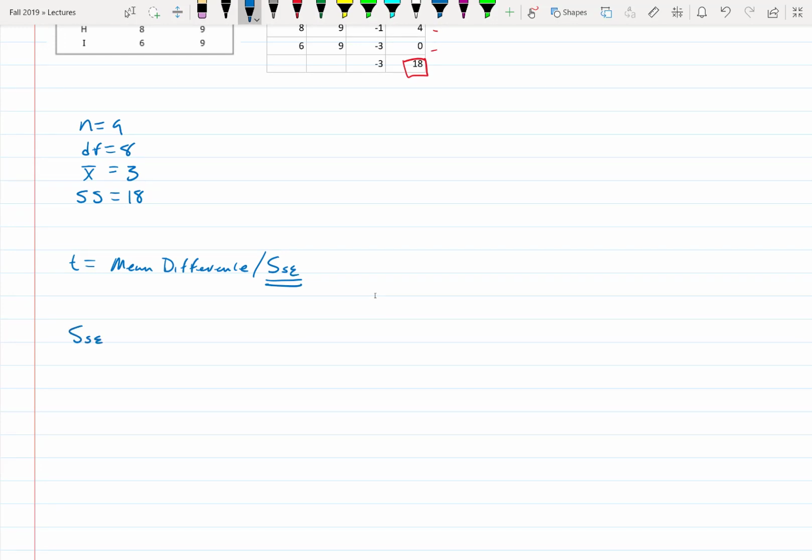The standard error is calculated by taking the standard deviation of the difference scores, I'll put a little d to indicate that, and dividing by the square root of the sample size. Do we have the standard deviation of the difference scores? No, we do not. The standard deviation of the difference scores is equal to the sum of squares of the difference scores divided by n minus 1, and we take the square root of that.